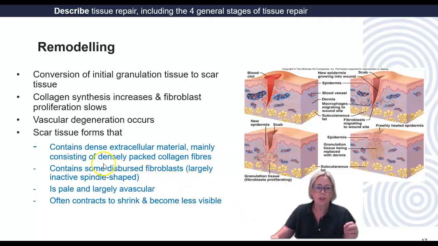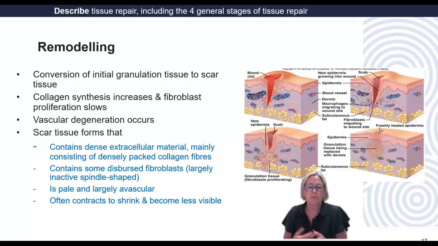Its composition contains dense extracellular material. That just means it mainly consists of packed collagen fibers. It also contains some spread out fibroblasts. It's pale in color and it's largely avascular, meaning it largely doesn't have any blood supply flowing through it.